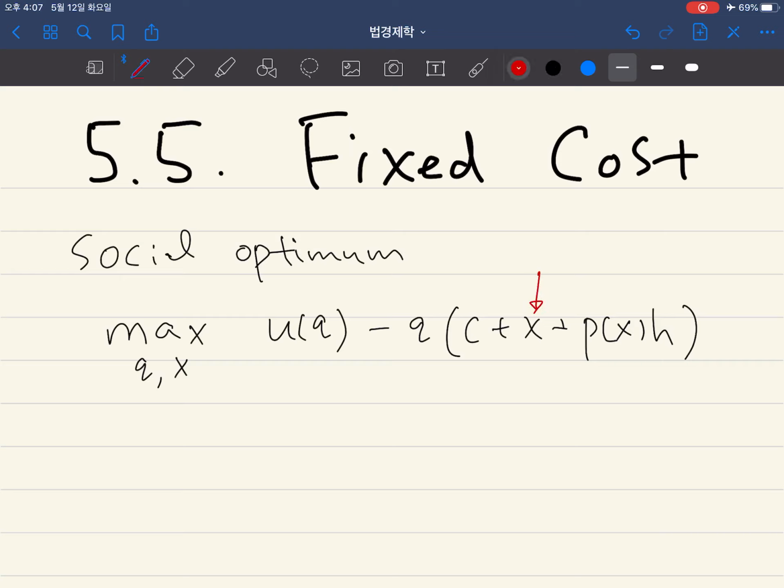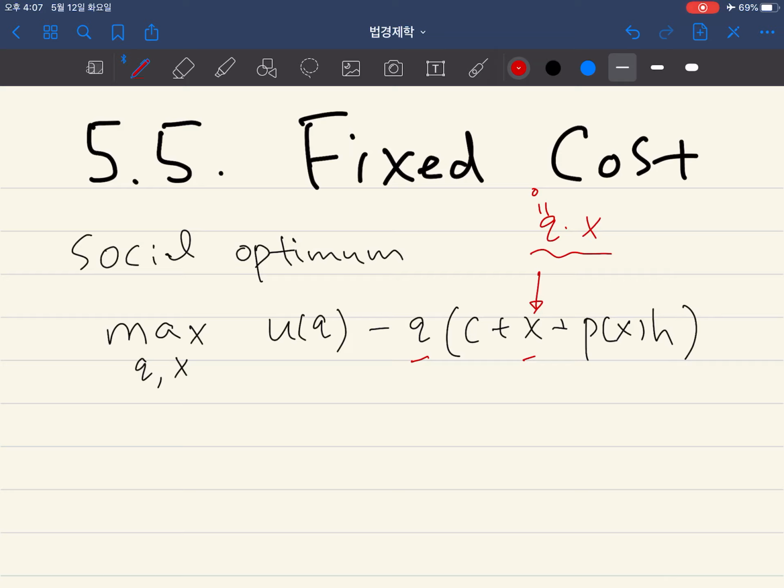care cost is here. So this is care cost per unit. So if you calculate total care cost, it is Q times X. So this is Q times X, this is total care cost. And if Q is equal to 0, then total care cost becomes 0.